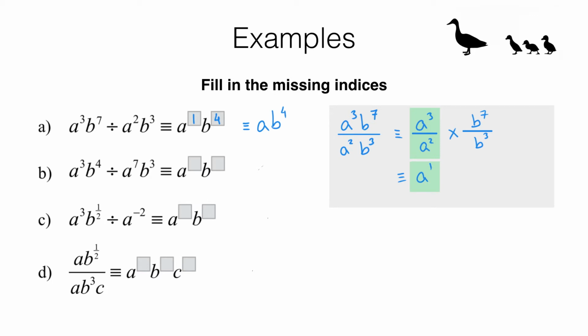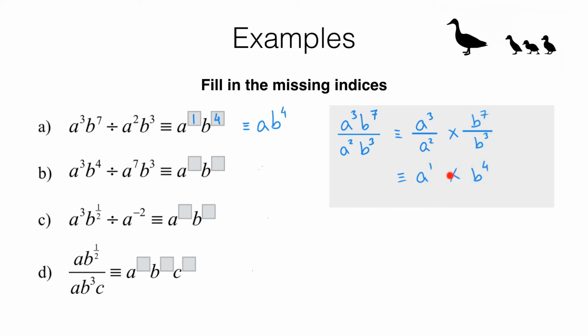All I did there was 3 minus 2. And then I need to multiply that by b to the power of 7 divided by b to the power of 3, which is b to the power of 4. What did I do there? Simply 7 minus 3. And that's our answer.